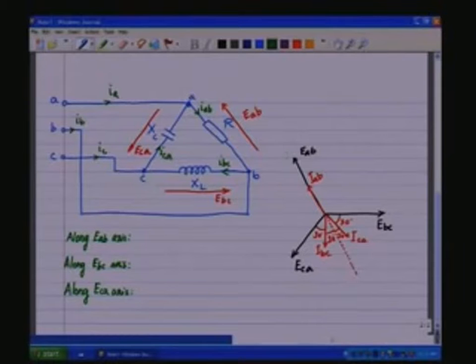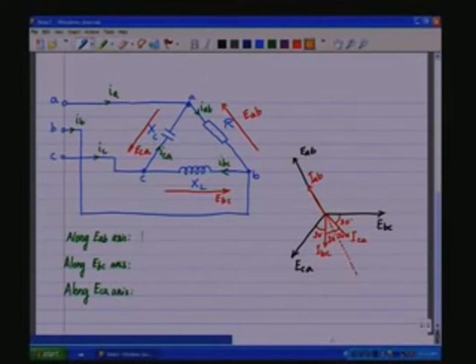So, if we take along the EAB axis, you will see that along this axis there is an IAB term, then there would be a projection of ICA onto this axis, and a projection of IBC onto this axis. All these 3 together are going to form the equivalent current along this axis.